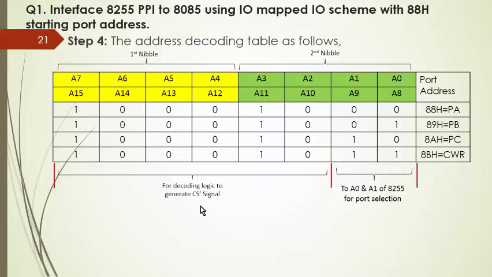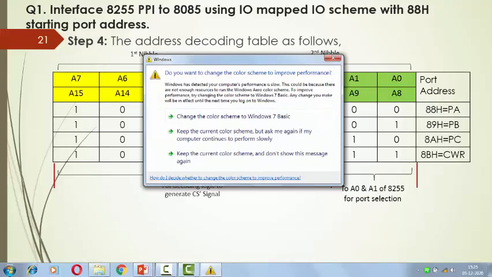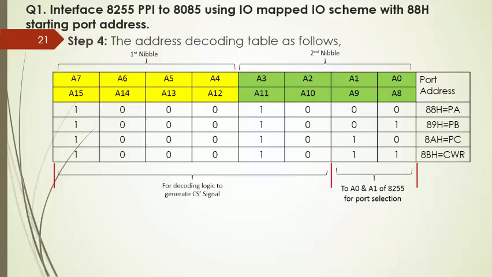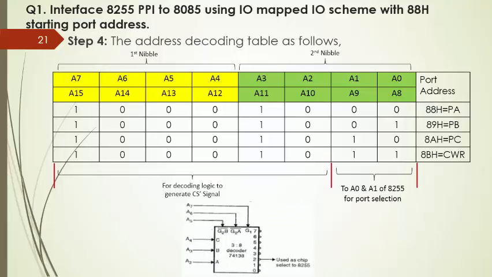Okay, so you have to separate A0 and A1 and A2 to A7. A0 and A1 for port selection and A2 to A7 to generate the chip select signal by using a 3 to 8 decoder or by using logic gates that we had already discussed in memory interfacing.